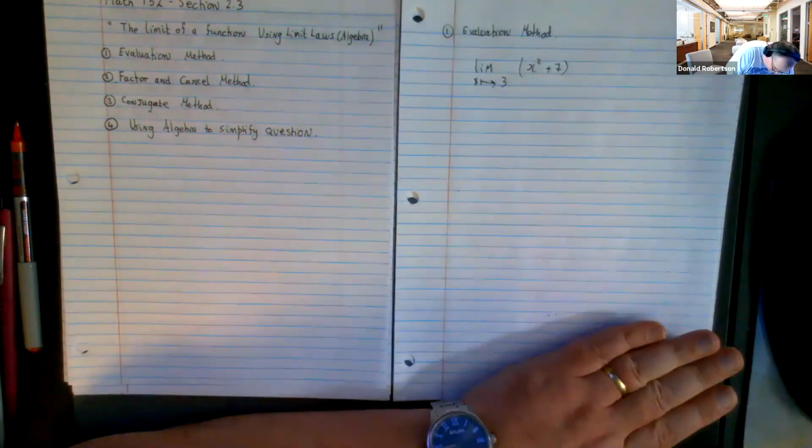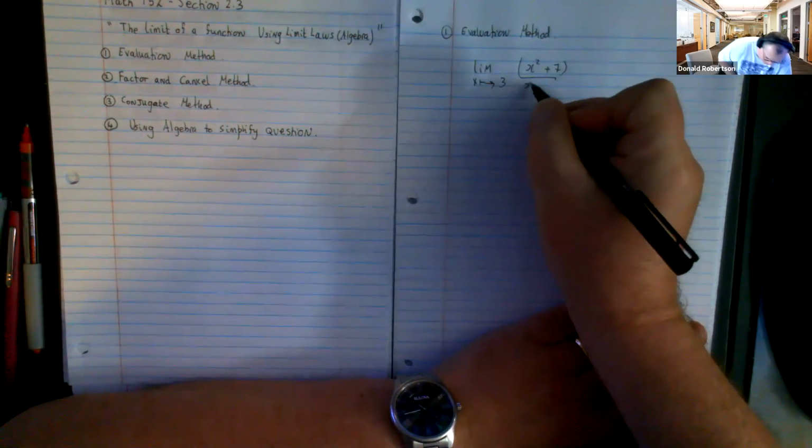So let me show you the first method, which is called evaluation. And it should be, as I said, the first method that you look at. So let's suppose I'm being asked to find the limit as x tends to 3. So it's the overall limit. And it's x squared plus 7. Oh, let's make a fraction. x squared plus 7 over x plus 1.